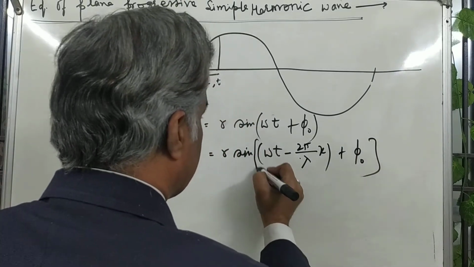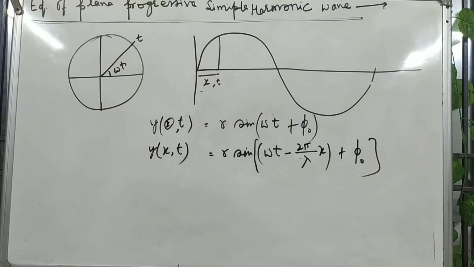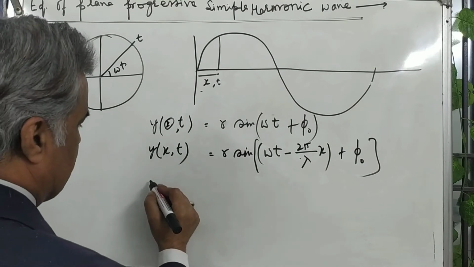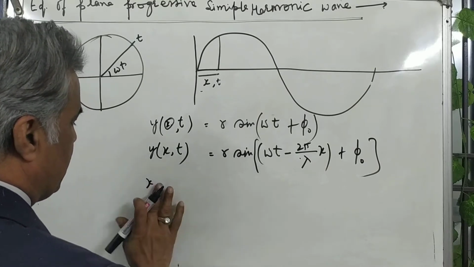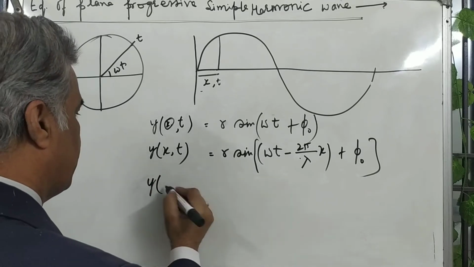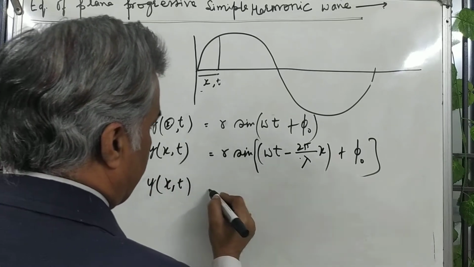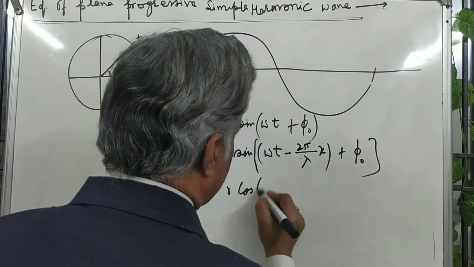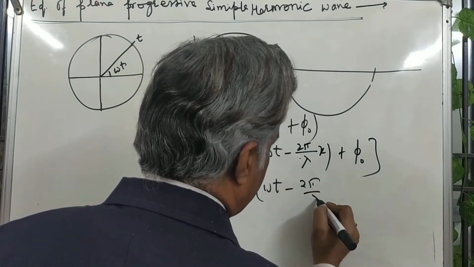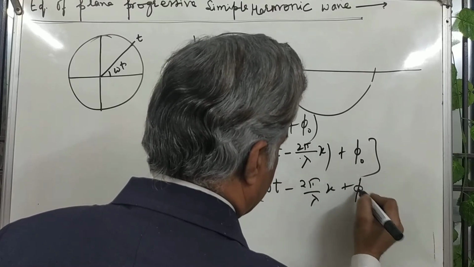This is the equation. You may represent it in cos function also. I am writing capital X, or you can say y only, no matter: y(x,t) equals r cos omega t minus 2 pi by lambda x plus phi naught.